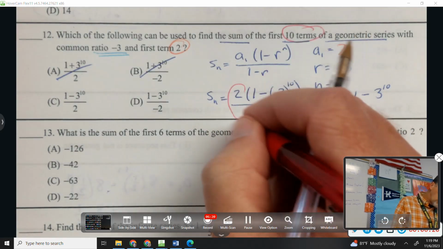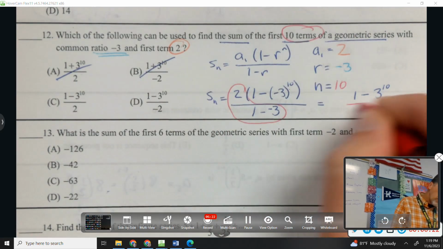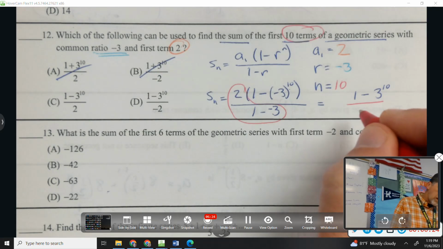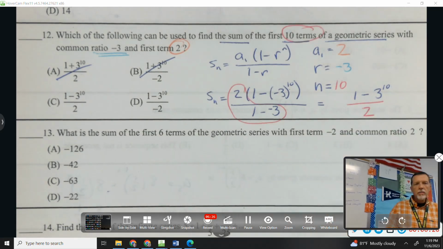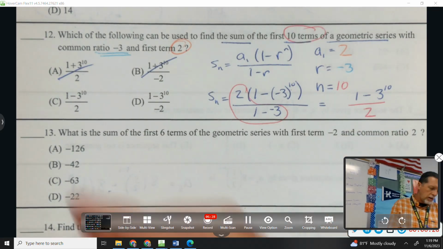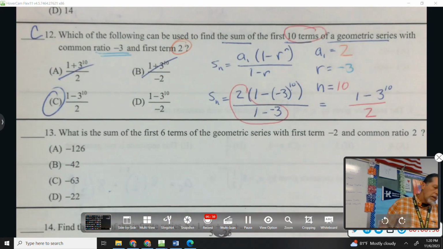And 2 over 4, yeah, 2 over 4 leaves a 2 in the bottom, so 1 minus 3 to the 10th over 2. So, had to know the formula, had to know where the things went, had to do a little bit of simplifying, but you did not have to mess with 3 to the 10th, because who knows what that is.